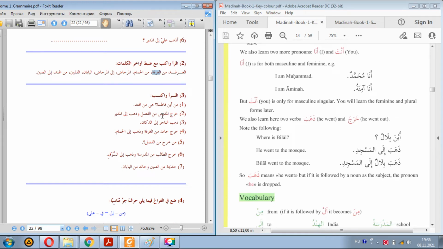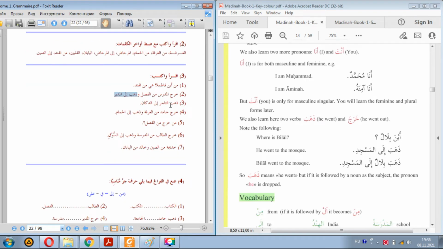خرج المدرس من الفصل وذهب إلى المدير. Well, the teacher went out from the class. Al-fasl, it means class. وذهب إلى المدير, and went to the principal. ذهب التاجر إلى الدكان.